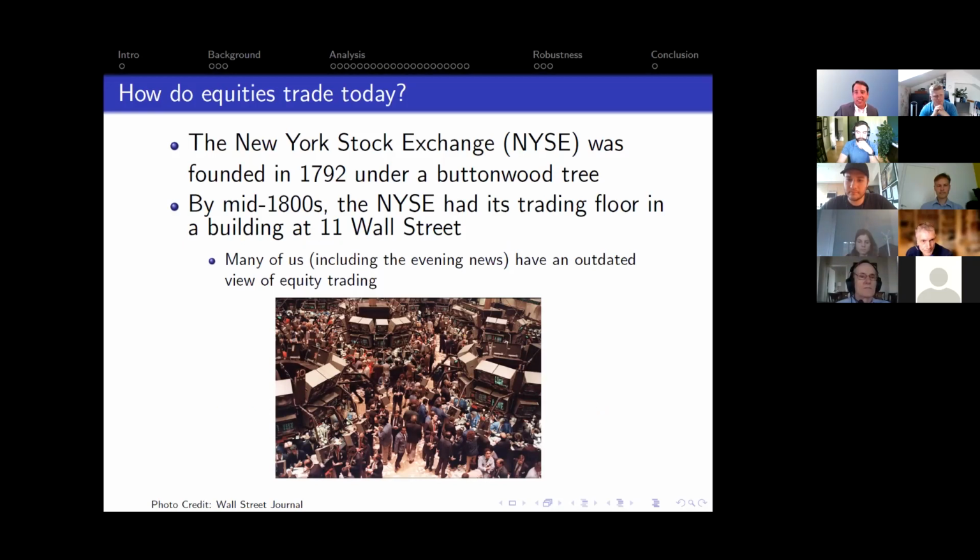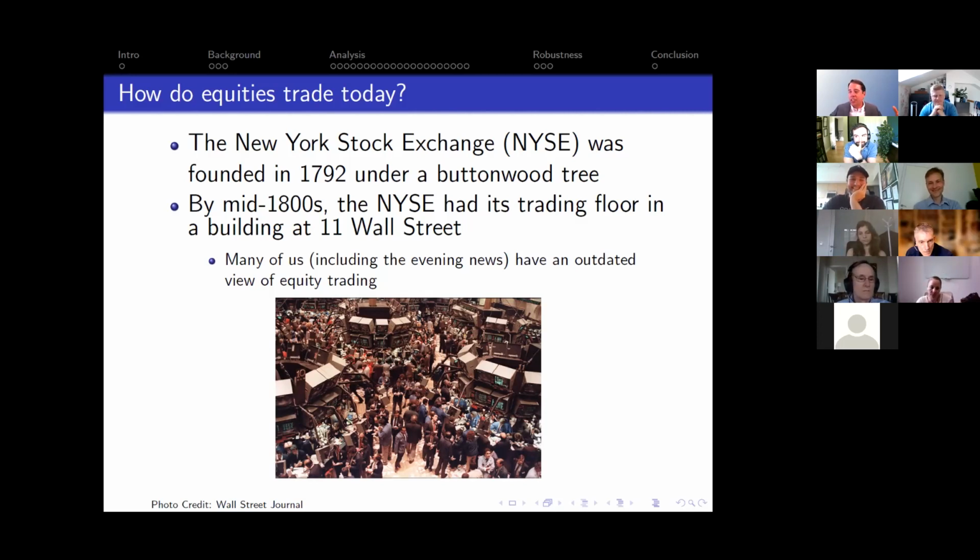The thing I always tell my undergrads is that the evening news, and many regular people, always have this outdated view of equity trading, and they tend to think of these open outcry type pictures, right? In fact, on the evening news, every time there's a big stock movement, there's this one particular guy that they always photograph because he has these great facial expressions standing on the floor of the NYSE.